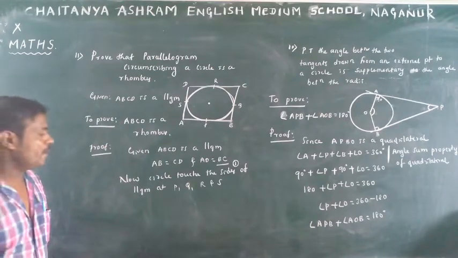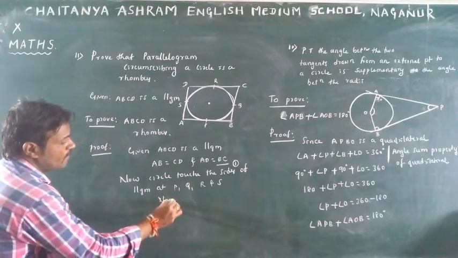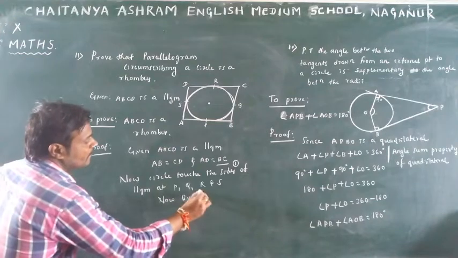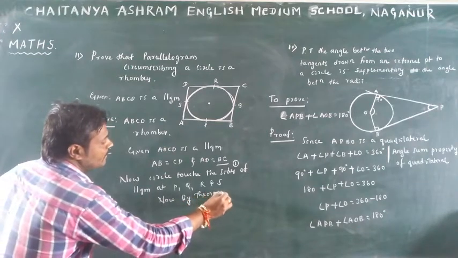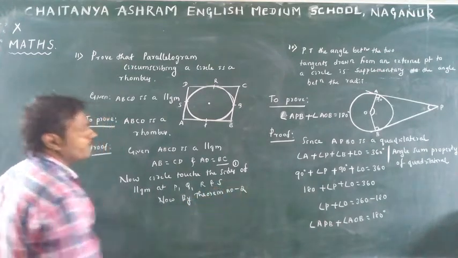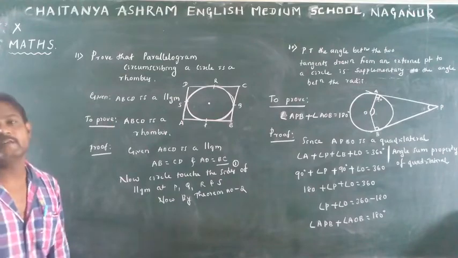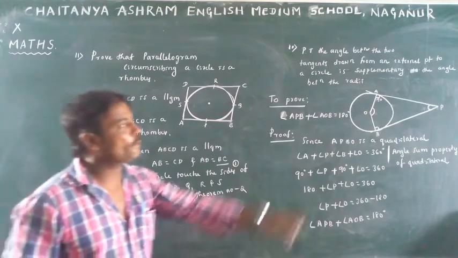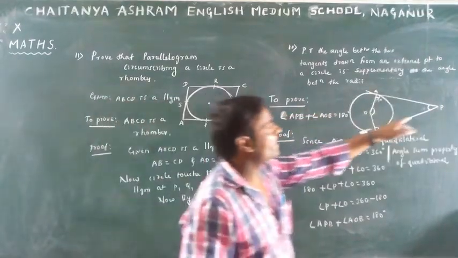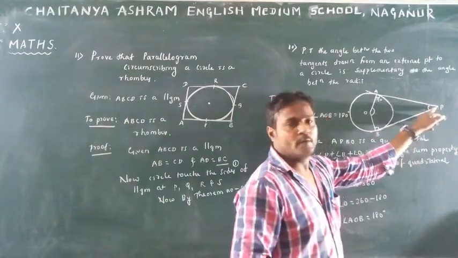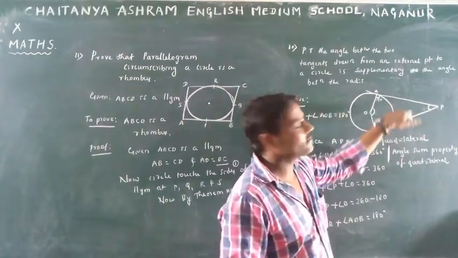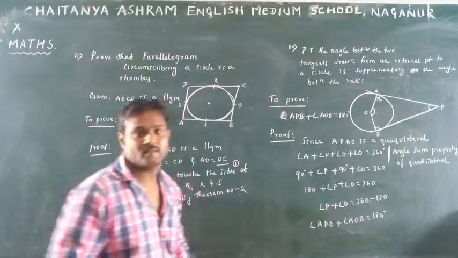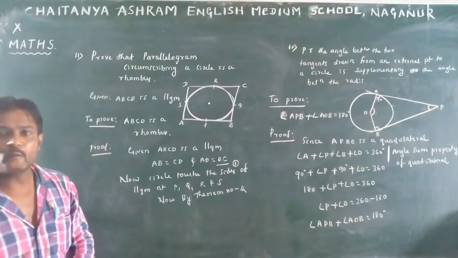Now, by theorem number 2, the lengths of the tangents drawn from an external point to a circle are equal. This is theorem number 2.